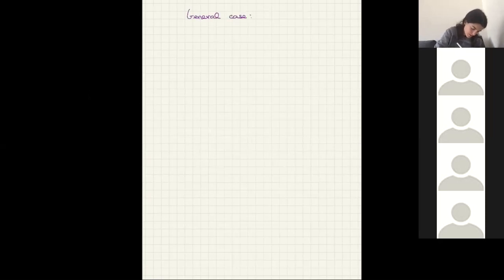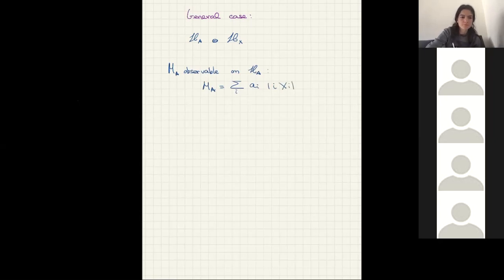So we have 2 systems, A, and let's say here X for the position X, and we want to measure something here on A indirectly by coupling it first to the position of B. And so we have some observable MA, by which I mean that MA, like we saw, is a sum over I. So in this case, it's like a projective observable.